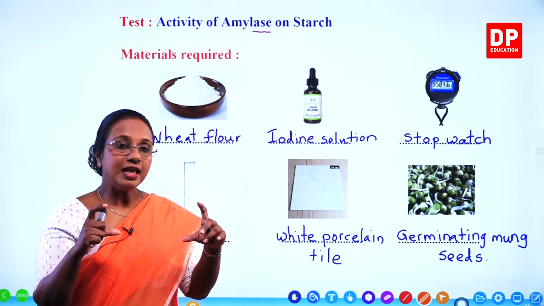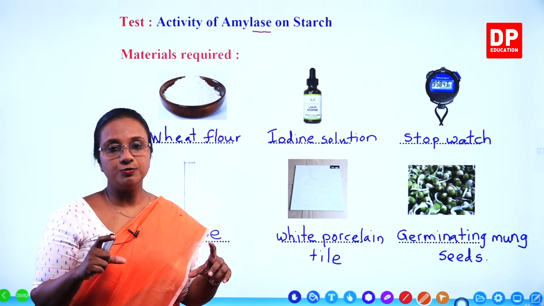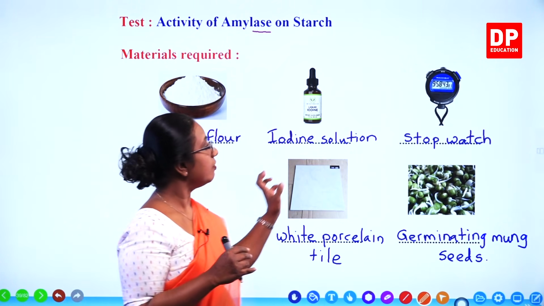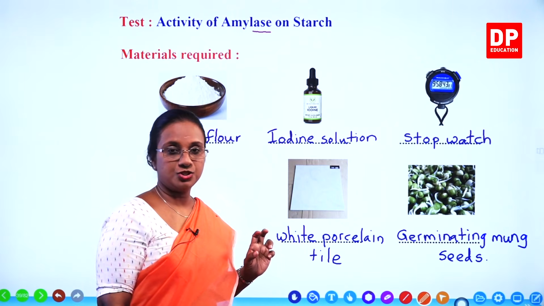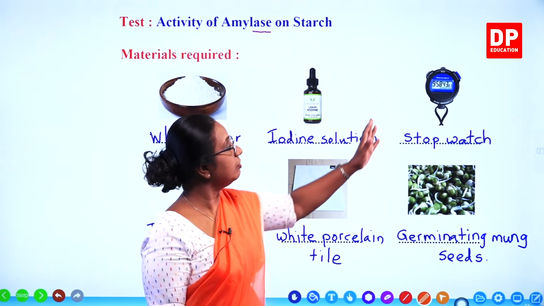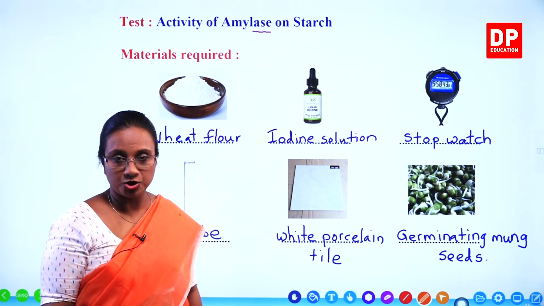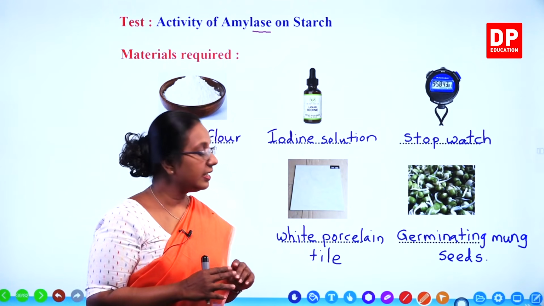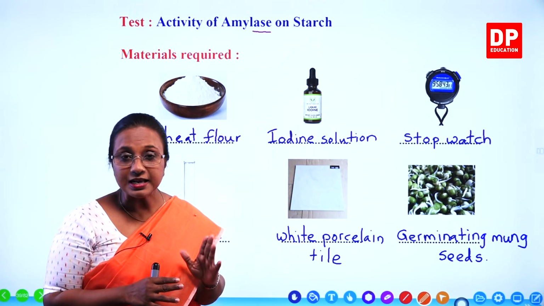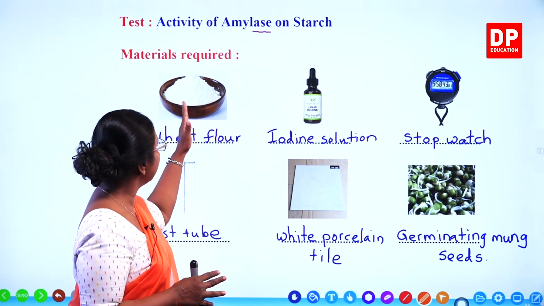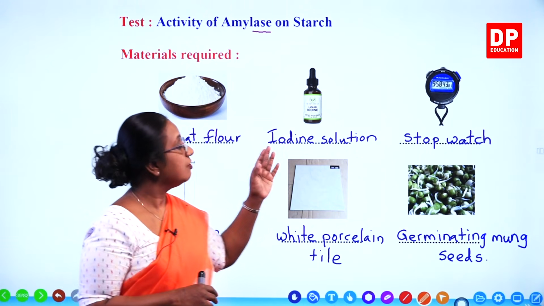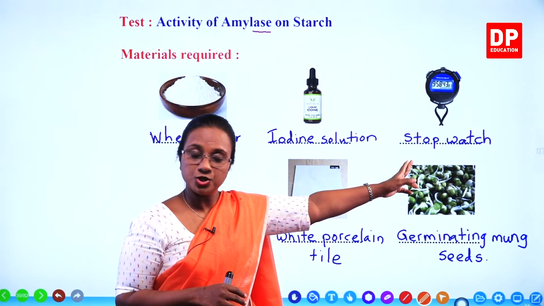So we take them in equal volumes into 2 test tubes, and just before mixing the 2 solutions, we should be ready to start the stopwatch. So as we mix the germinating mung seeds, that is amylase solution, with the wheat flour solution, that is starch solution, we start the stopwatch.